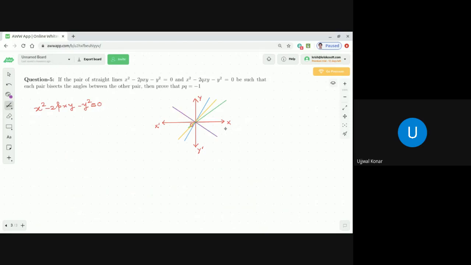So what you see in the purple color and in yellow color, these are the bisectors represented by x² − 2qxy − y² = 0, correct?